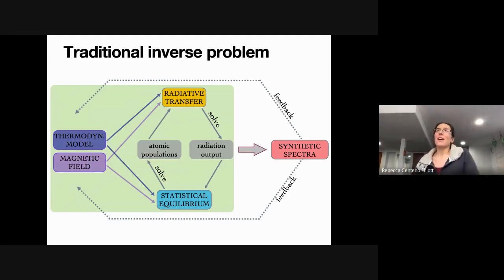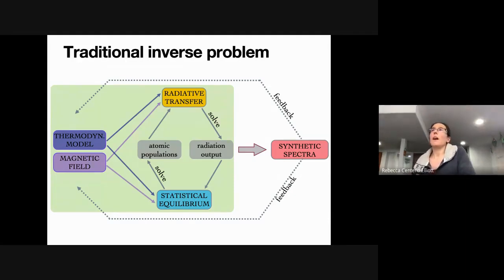And this is because traditional spectral line inversion codes use a non-linear least squares approach to minimize the difference between the synthetic spectra and the observations. So they're trying to make the synthetic spectra match our observations, and for that they need to do the forward modeling many, many, many times. So you can imagine that if the forward modeling is so computationally expensive, the inverse problem, including all of these physical processes, is completely prohibitive, at least in the traditional way that it's always been done.